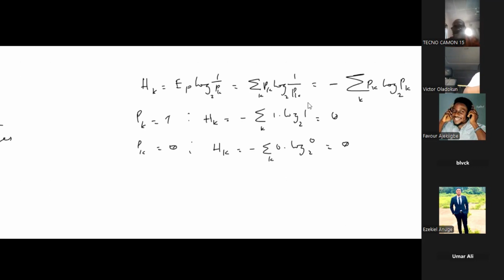Now, what happens when the symbols are equally likely, like we evaluated earlier?